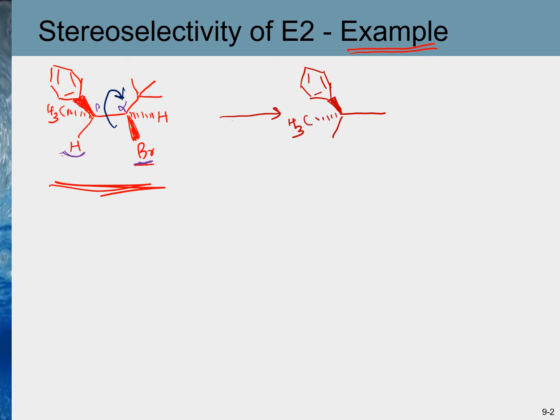Hydrogen is within the plane. So now if I rotate this way, the bromine, which is coming towards us, will go and occupy this position, and the tertiary butyl group goes there, and hydrogen goes in this position.